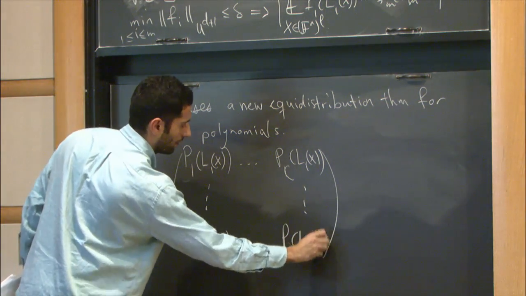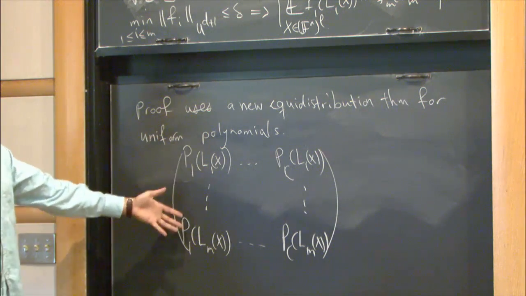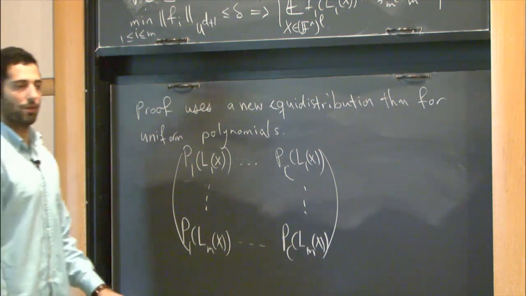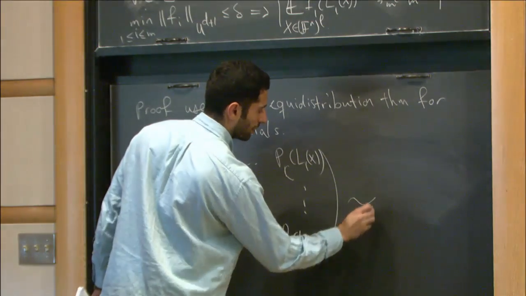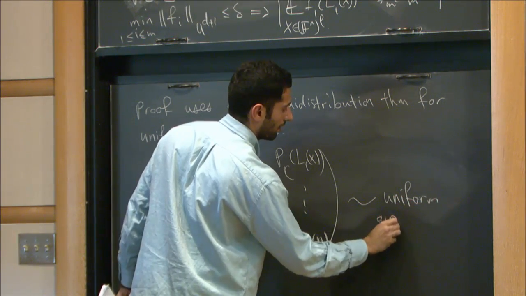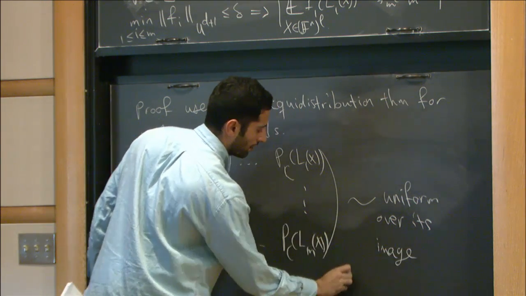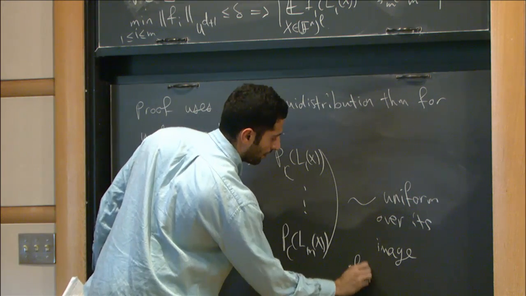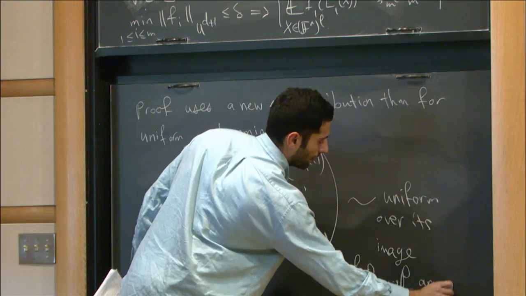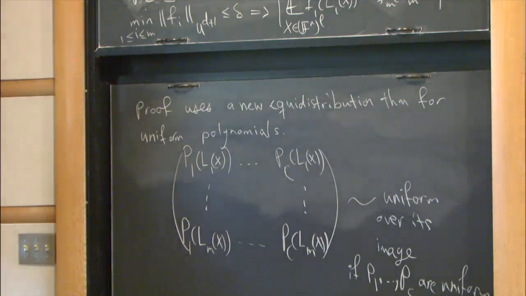Then what we show is that this matrix will be almost uniform over its image if P1 up to PC are uniform. And we will see in a second what we mean by a uniform collection of polynomials.